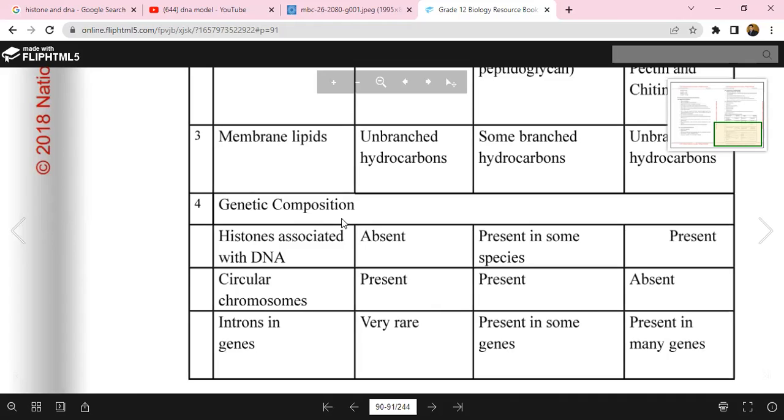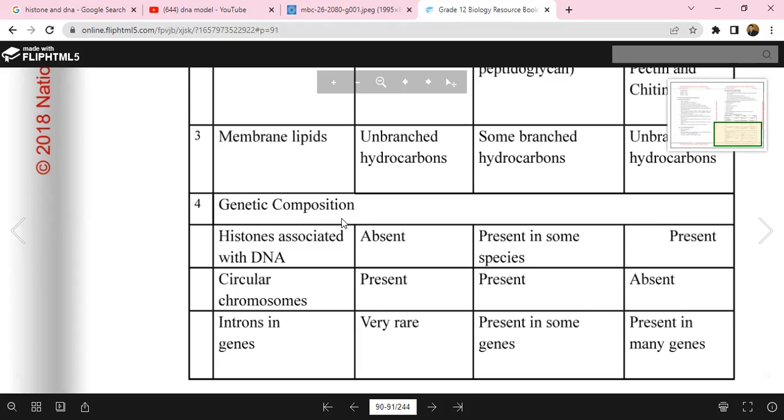So in all the eukaryotes, there is histone associated with DNA. Understood? Yes, sir.